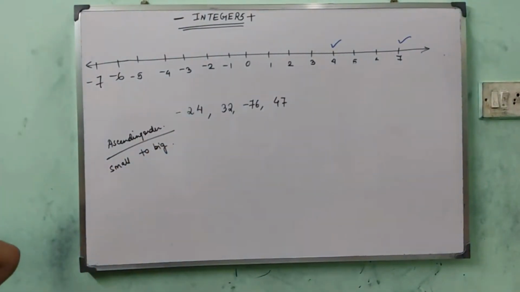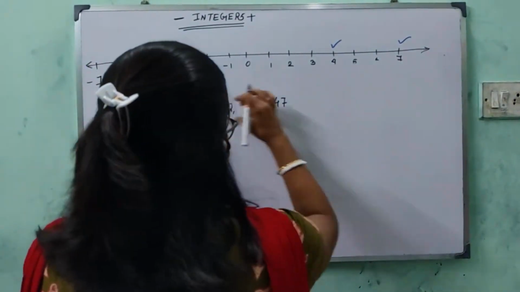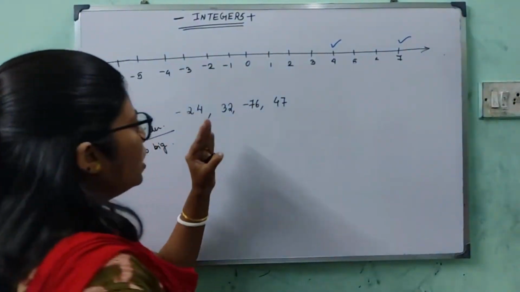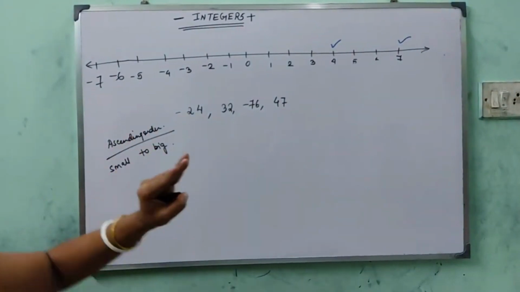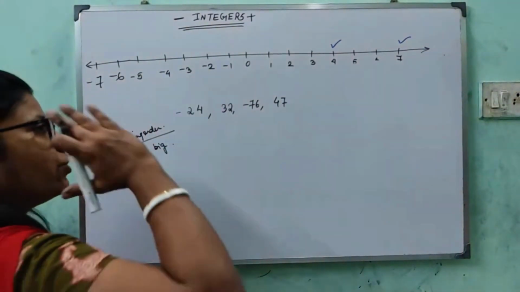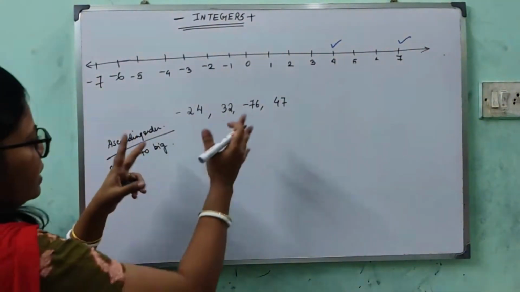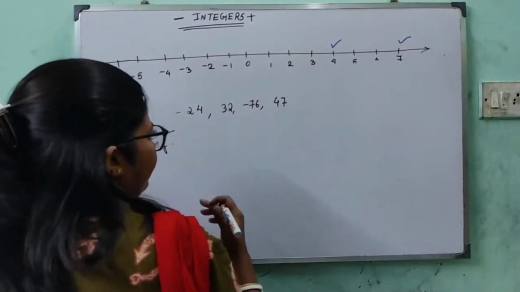So first thing you have to know is that when I arrange these numbers on the number line, the number which is lying in the extreme left will be the smallest and the number lying in the extreme right will be the greatest.